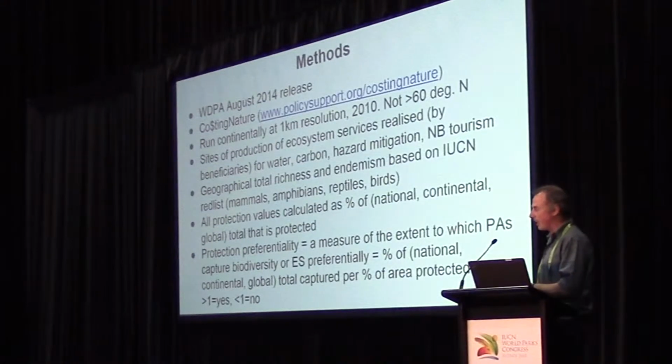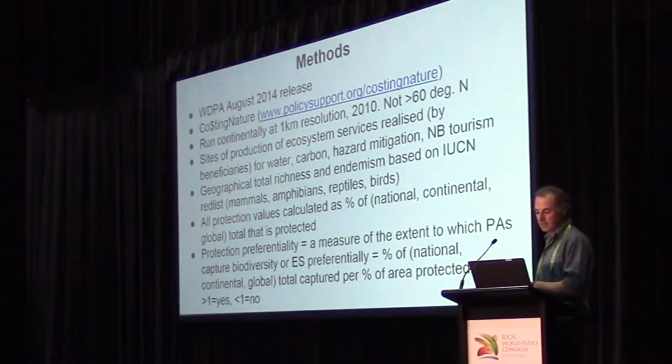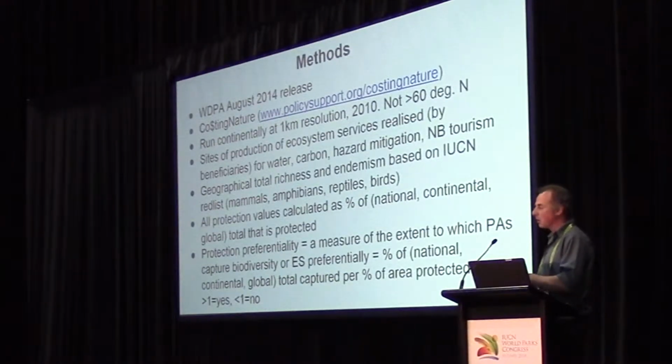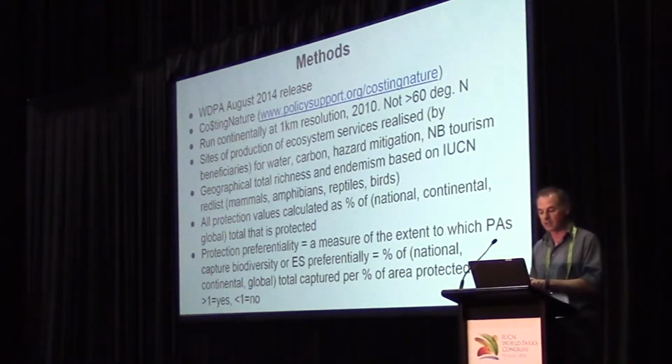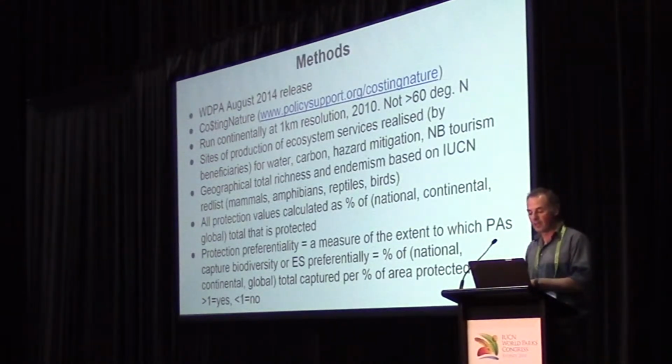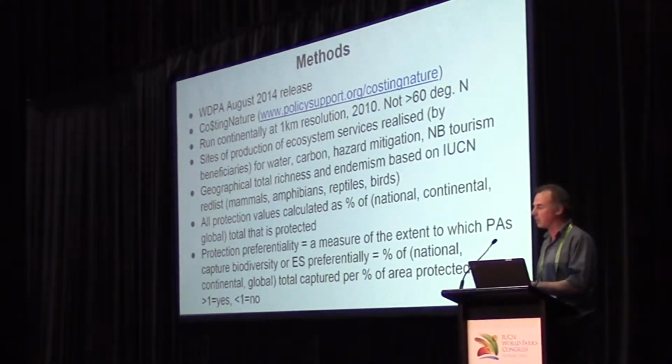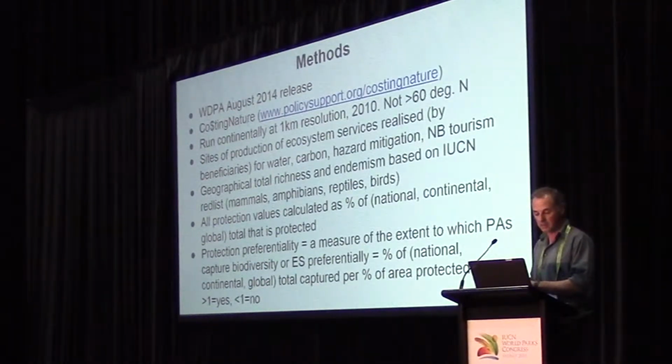But instead of running it nationally, we've run it continentally with 1 kilometre resolution for the current situation of ecosystem service and biodiversity distribution. We've run it for the vast majority of the globe, but we can't go above 60 degrees north because we don't have the data for some of the services there.